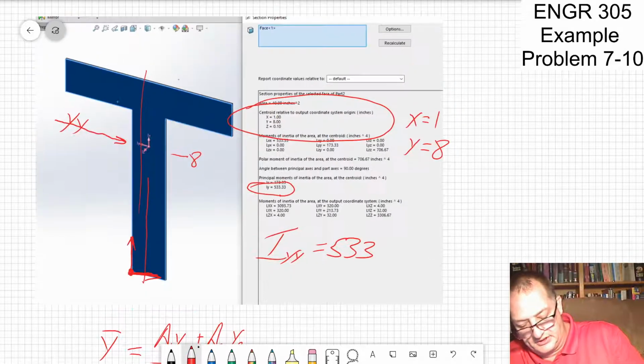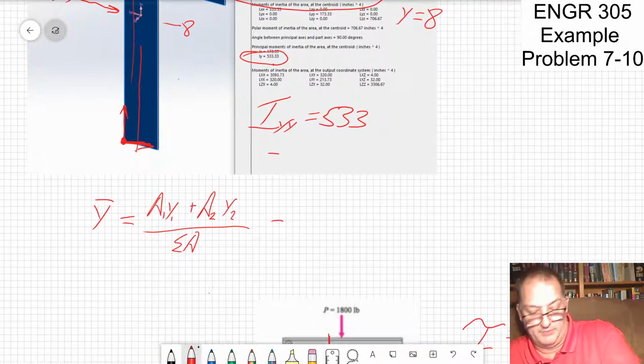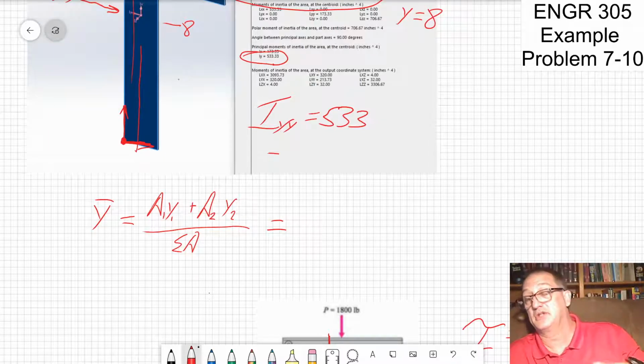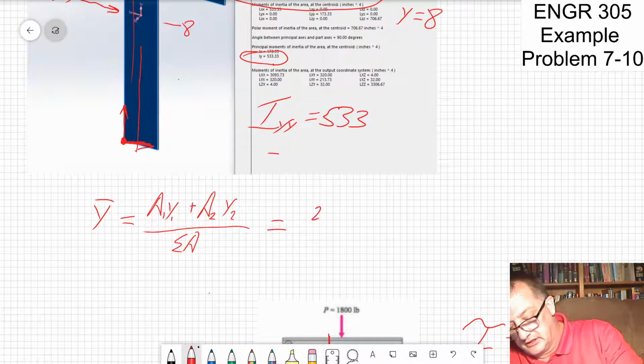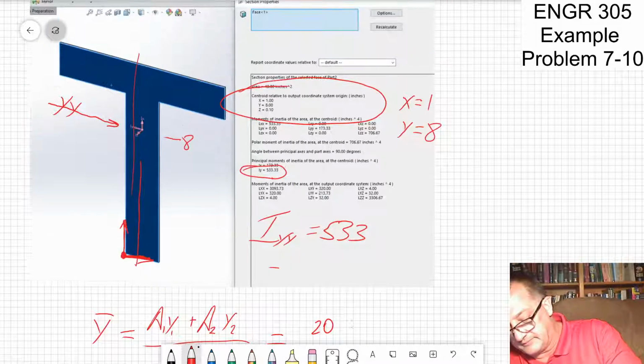Well, the beauty of that is that area 1 is equal to 2 times 10. Area 2 is equal to 2 times 10. So I've got 20 times, what's the height of the centroid of that? Well, it's going to be 5.